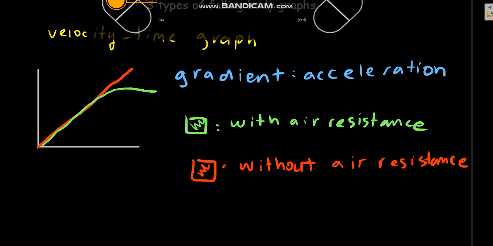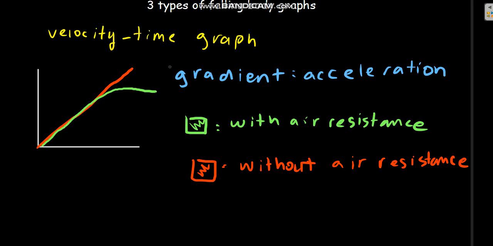Terminal velocity is when you have a constant speed. You just need to memorize the idea of it. You can memorize easily because the imagination is logical. The graph should look like this with air resistance because of the wind, while in space it's going to go straight all the time.